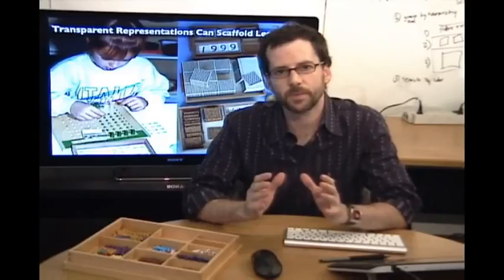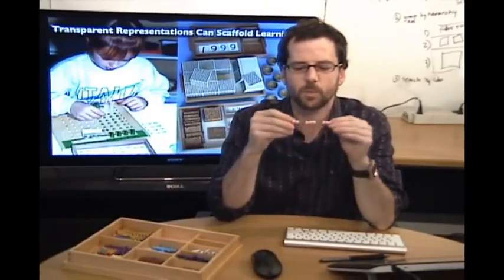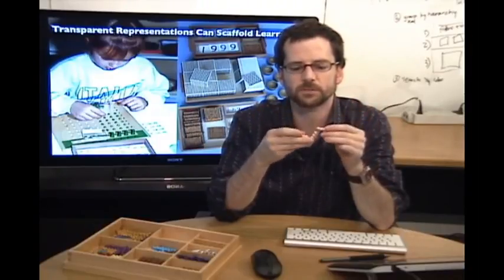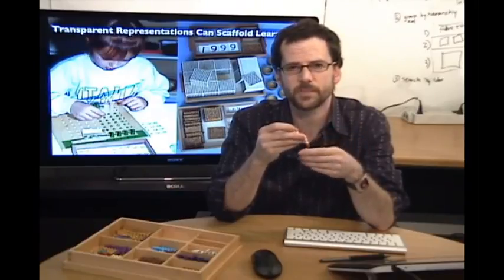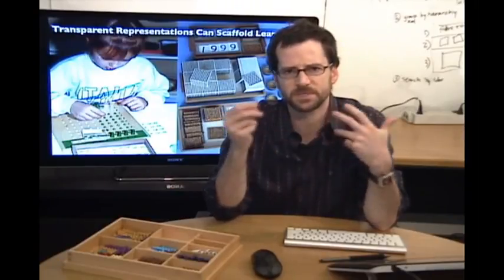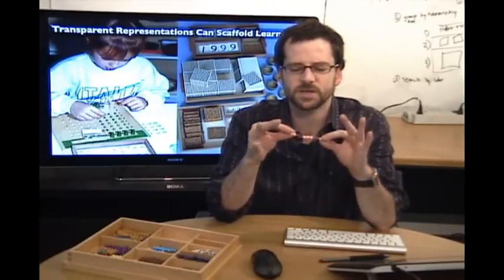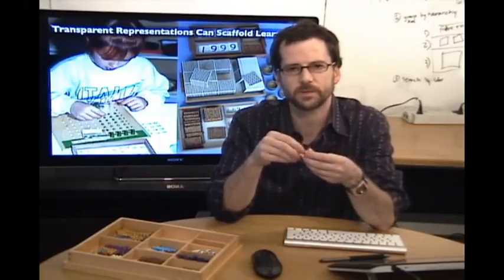Here's another example from the learning sciences. These are called Montessori blocks. And what we have here are beads that provide a physical representation for number, especially for young children. Numbers are a really abstract concept, difficult to get your head around. And these physical instantiations can help teach addition and multiplication and other simple arithmetic operations.